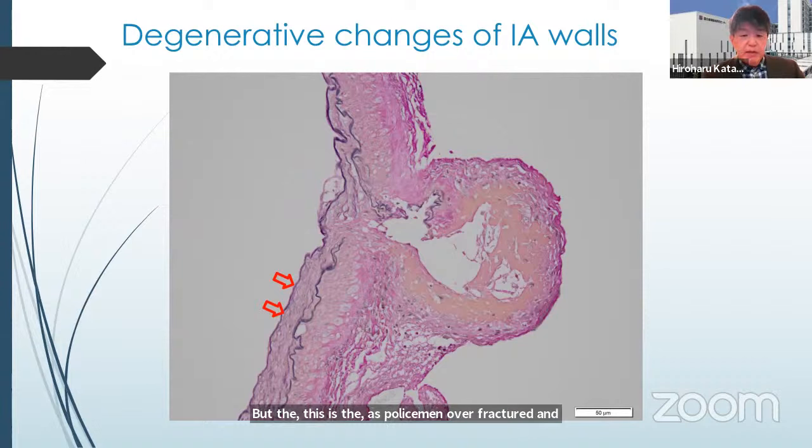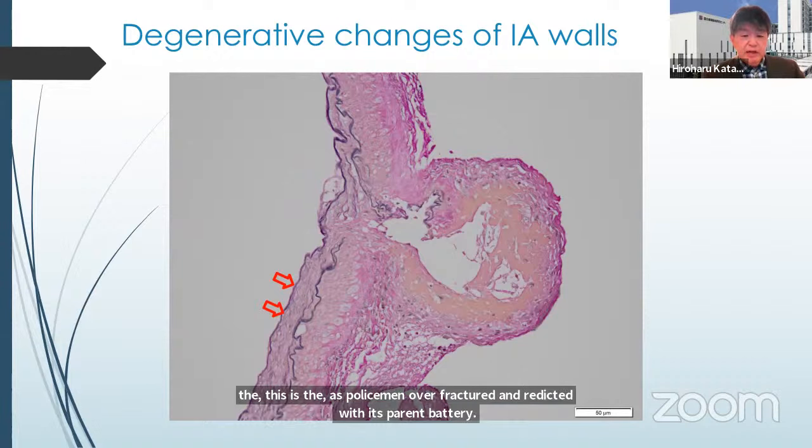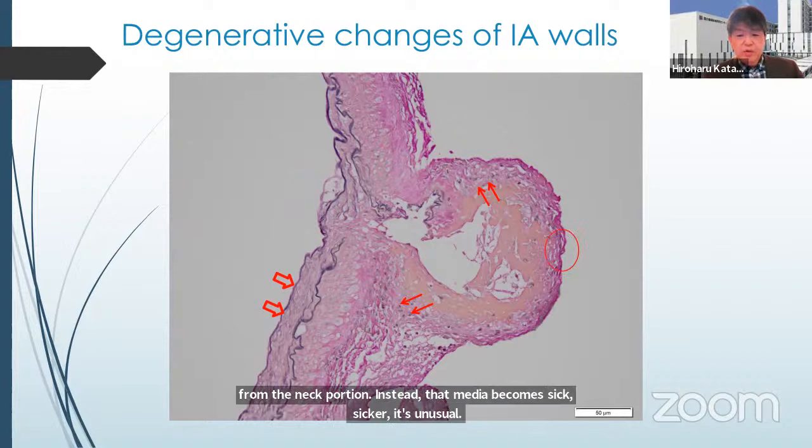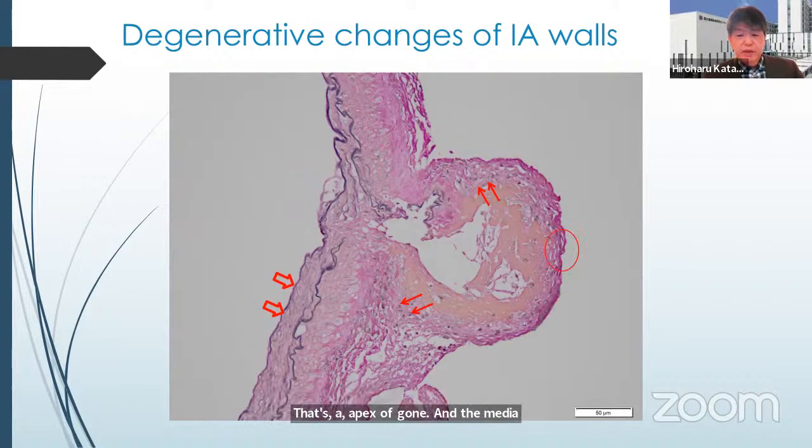Intracranial arteries have the internal elastic lamina, and the internal elastic lamina provides vessels with strength. But in aneurysm, the internal elastic lamina is lacking from the neck portion. Instead, the media becomes thicker than usual. At the apex of the dome, the media also becomes thin and easy to rupture.